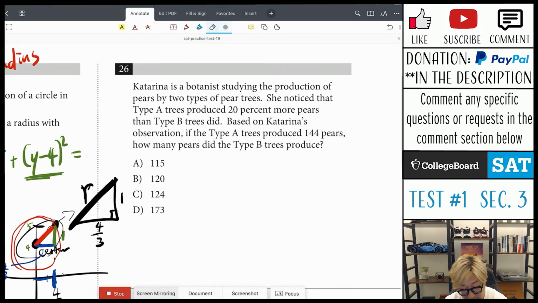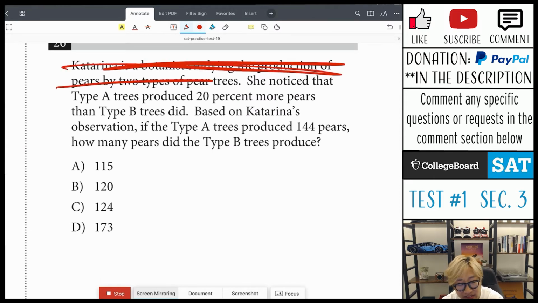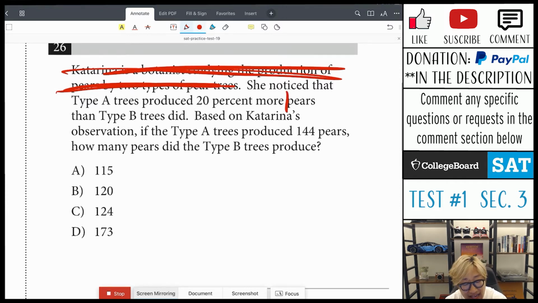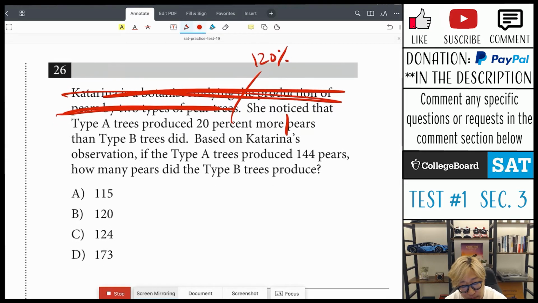Number 26. Take this off. Katarina is a botanist studying the production of pears by 2 types of pear trees. She noticed that the type A trees produce 20% more, meaning 120%, pears than type B trees did.